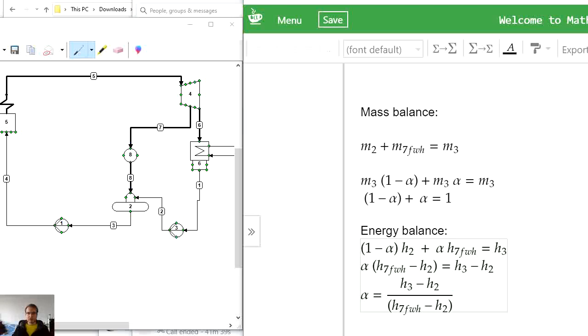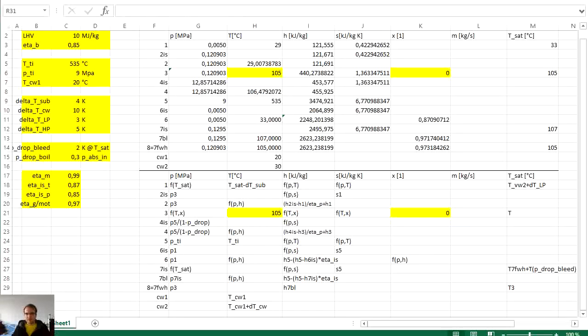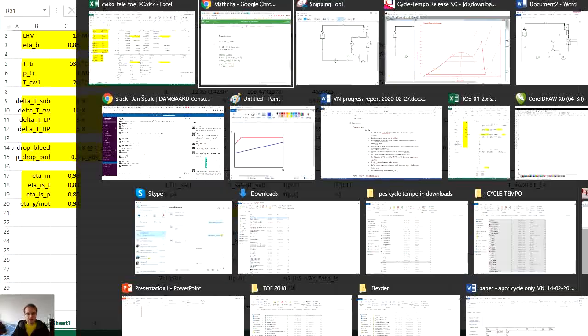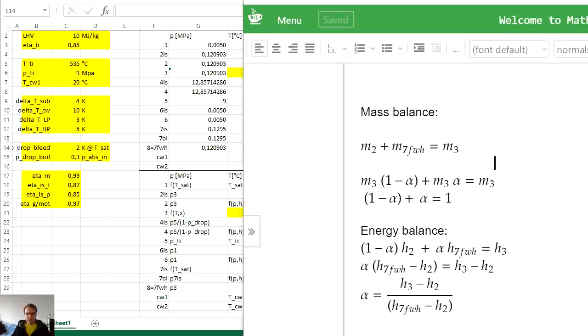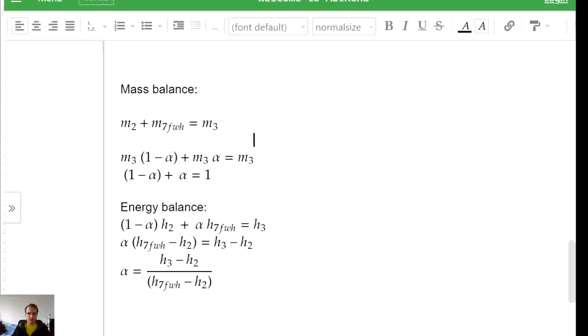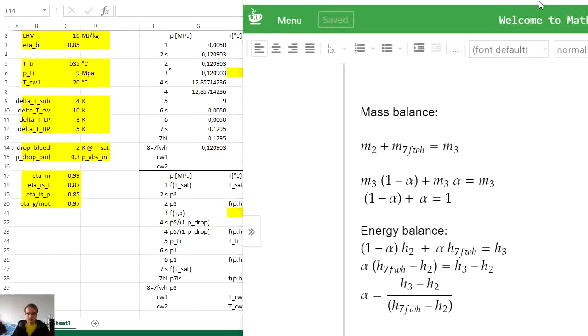So we now implement this in our sheet. Here alpha is at 0.7 or 0.8, so we will take the 0.8, or first we will actually, for mass flow rate at 3, write that it's number 1, and we will have it relative to this value, and at 0.8 it's as we just expressed it.